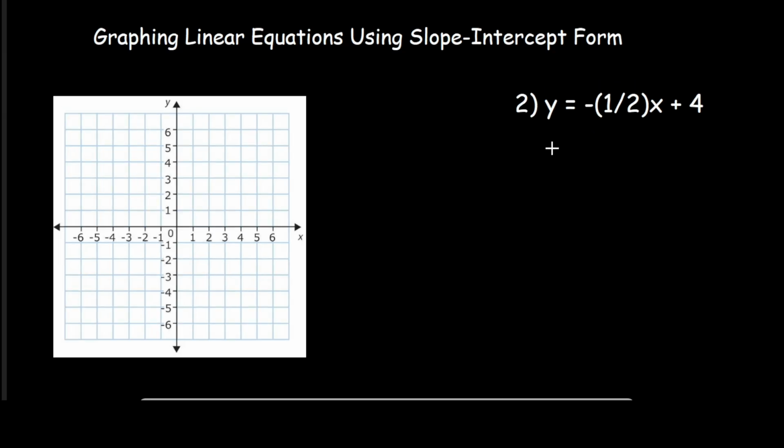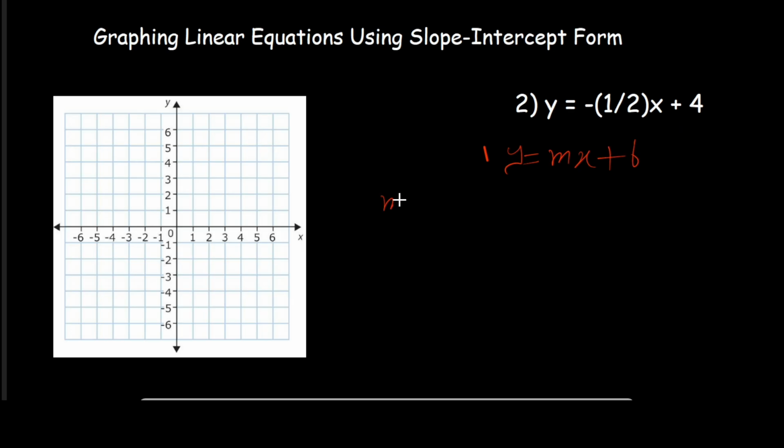So we have our next question, which is y equals negative 1 over 2x plus 4. Our first step is to compare this equation with the standard slope-intercept form, which is y equals mx plus b. Now compare these two equations.